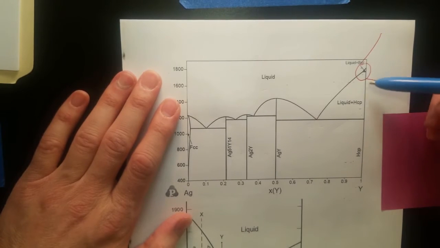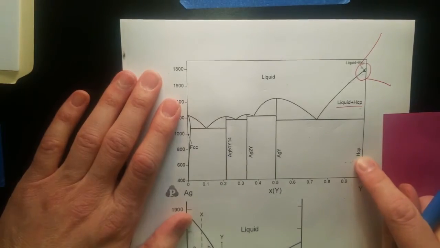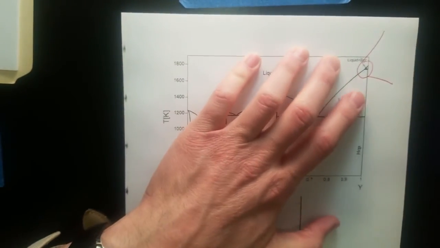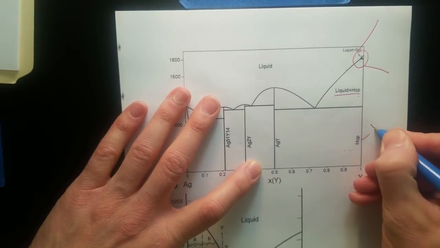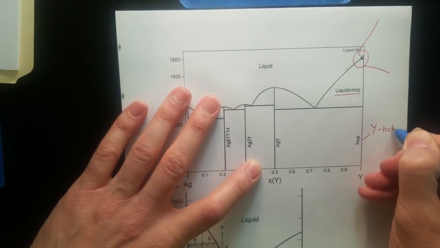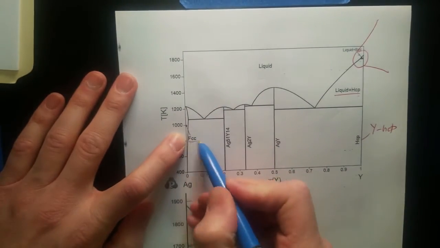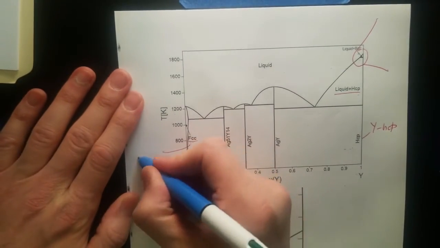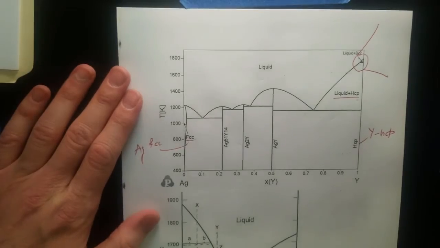There has to be some transition, because you see this is liquid plus HCP. So this is hexagonal closed packed. This is yttrium HCP, hexagonal closed packed. This is, they mark it as FCC, that's face-centered cubic, Ag FCC.